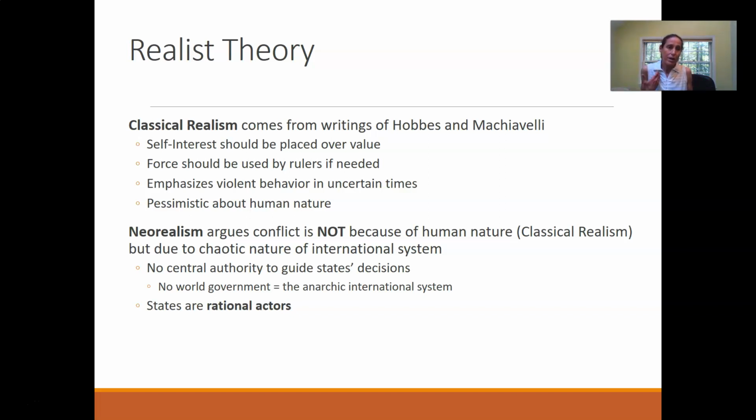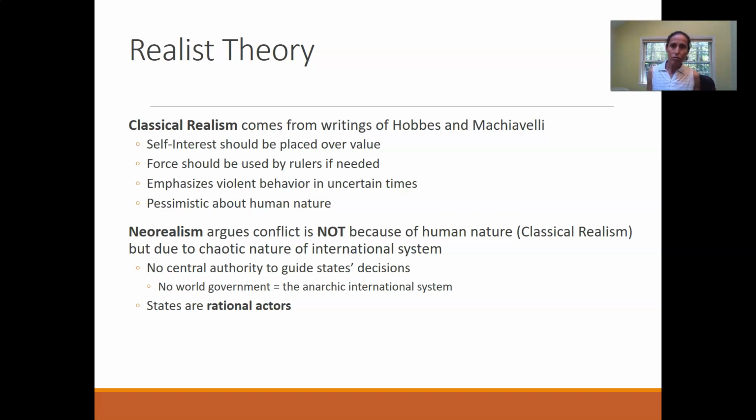And if I need to use force, if I need to use actual hard power, I will, and I should, right? And then in general, realist theory is pessimistic, and it's pessimistic not because it necessarily predicts war and chaos, but because it doesn't see the possibility for change or progress or that things will get better.